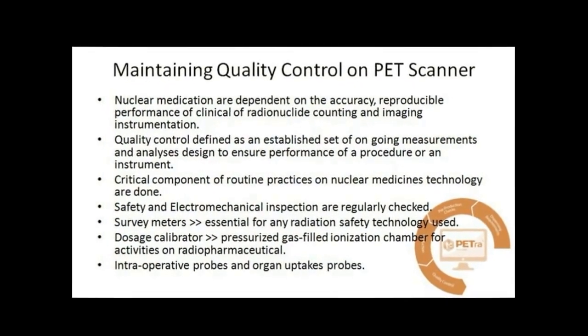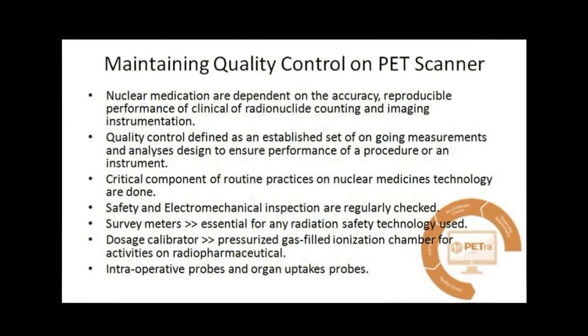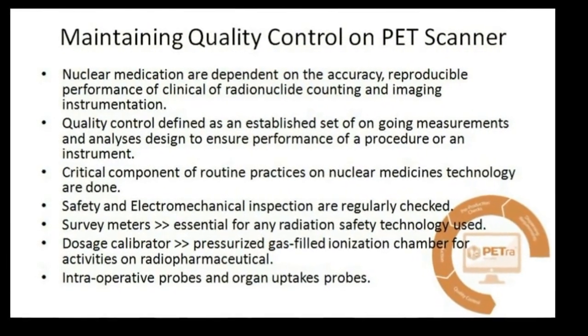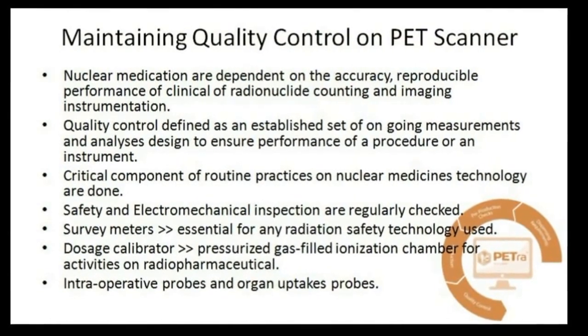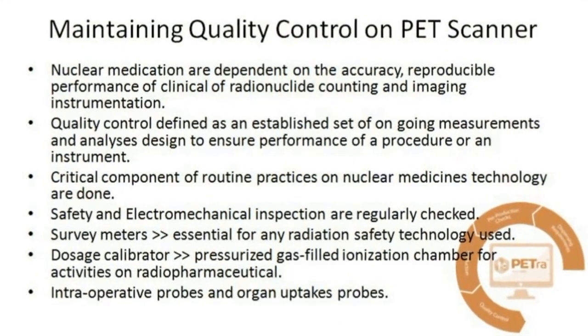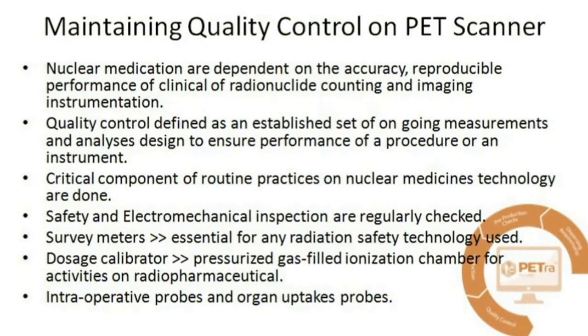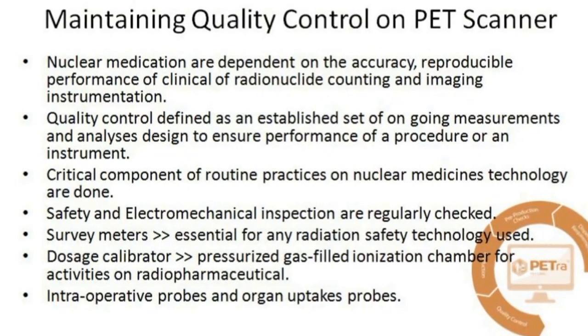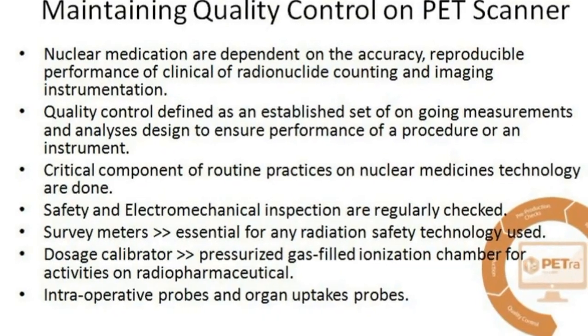There is safety and electromechanical inspection regularly, and survey meters which are essential to check for radiation safety, and also dose calibration using a pressurized gas filled ionization chamber for activities of radiopharmaceuticals. And finally, the intraoperative probes and the organ uptake probes are given a maintenance check.